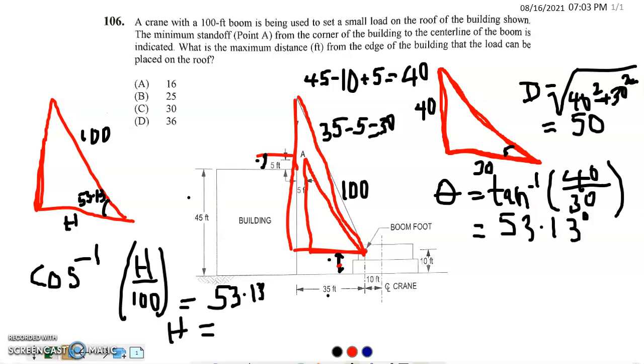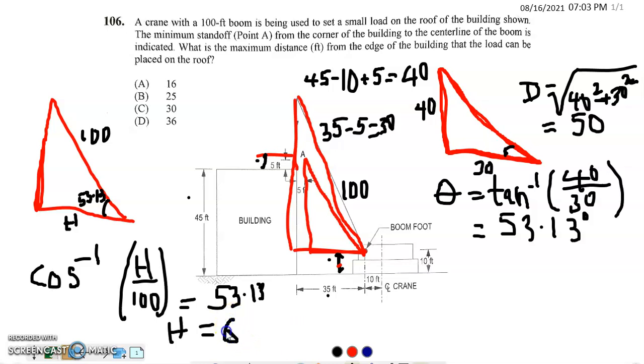Take the cosine of both sides. H is the cosine of 53.13 times 100. I'm getting 60.